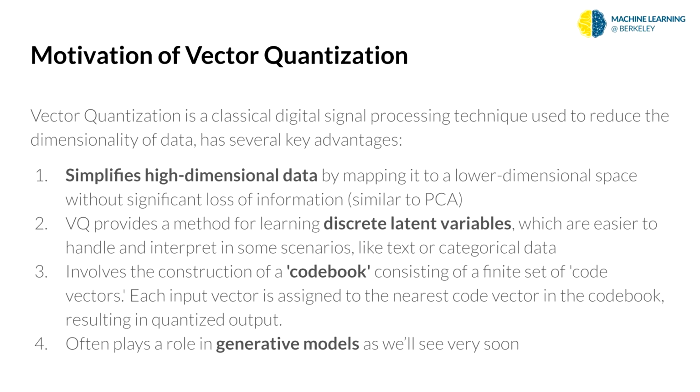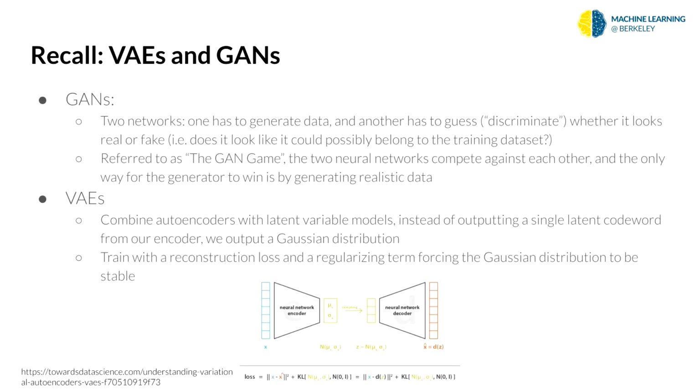Essentially, we want to use discrete variables for different situations, and it's much easier to interpret discrete variables as compared to continuous variables in a couple of different settings. Thirdly, VQ uses the construction of a codebook, which we'll go into a lot more detail in a bit. And lastly, VQ is used very often in generative models, as we'll see very soon. So that's the high-level overview of what VQ is.